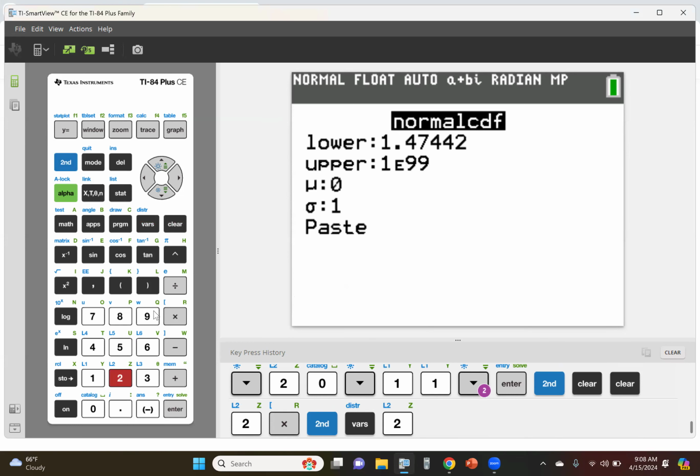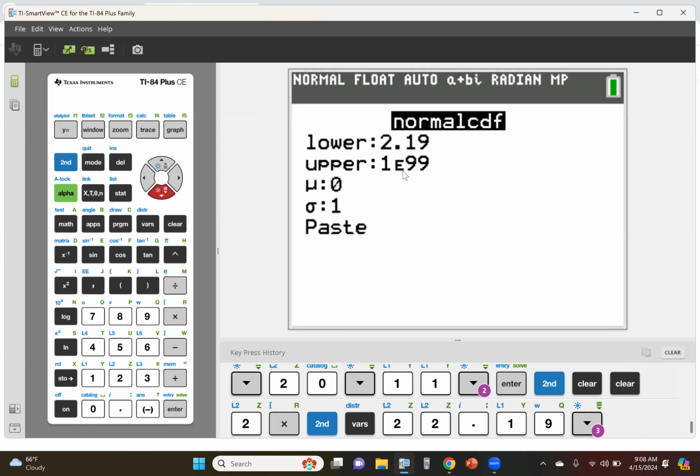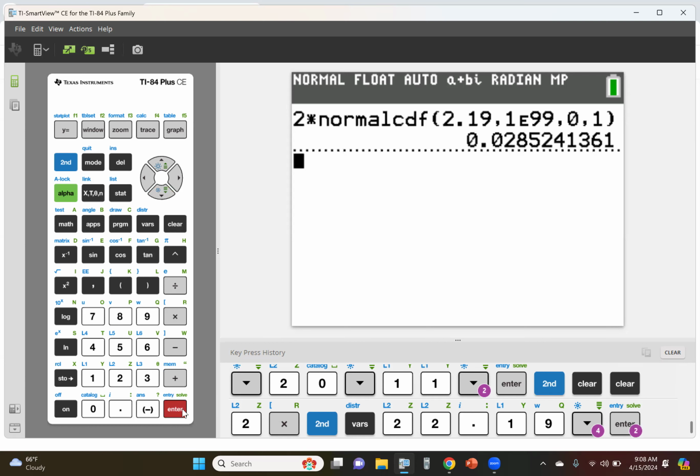We're starting at 2.19, correct? And we're going to 1E99, which is already set on mine. If you don't remember how to get the E, the scientific notation, that is above the comma. That's the EE above the comma. So what do you get? 0.0285?